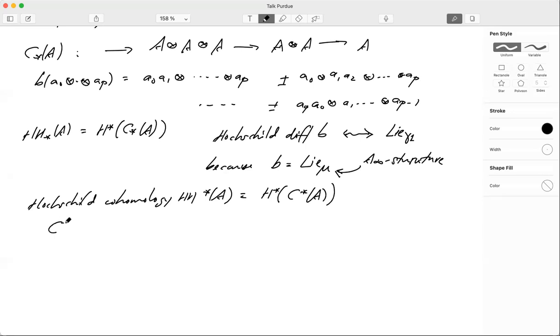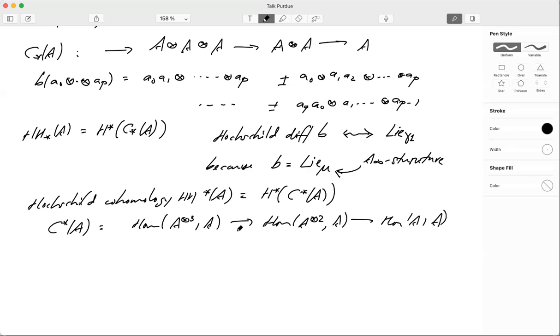And this complex is Hom from some copies of A to A, etc. And there's some differential that's described in a similar way to the one above, right?